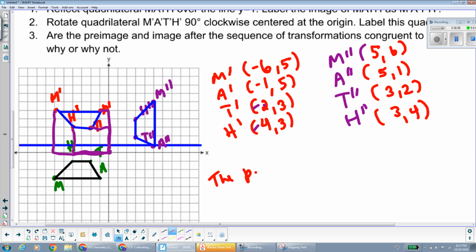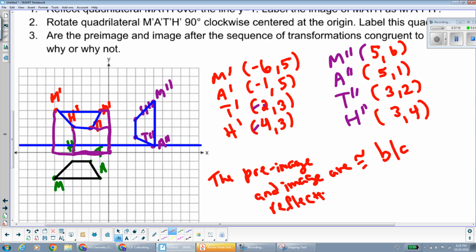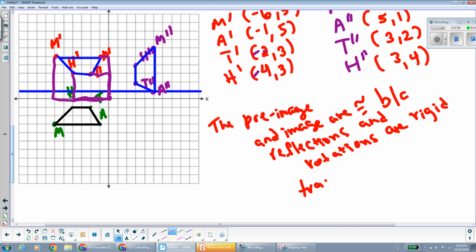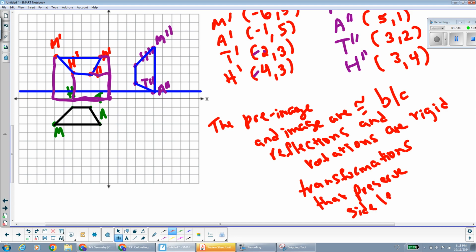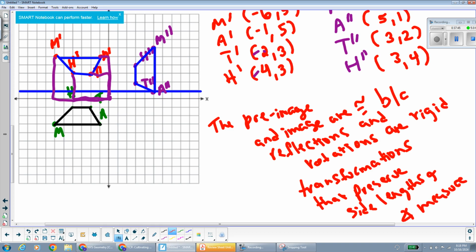The pre-image and image are congruent because reflections and rotations are rigid transformations, which means that they keep the same side lengths and angle measures.